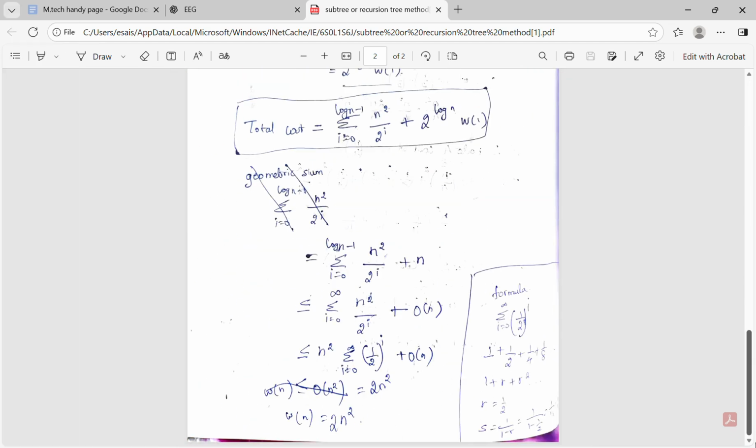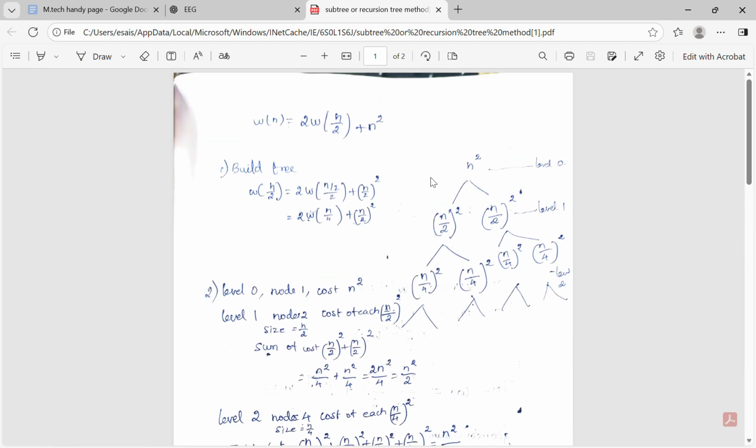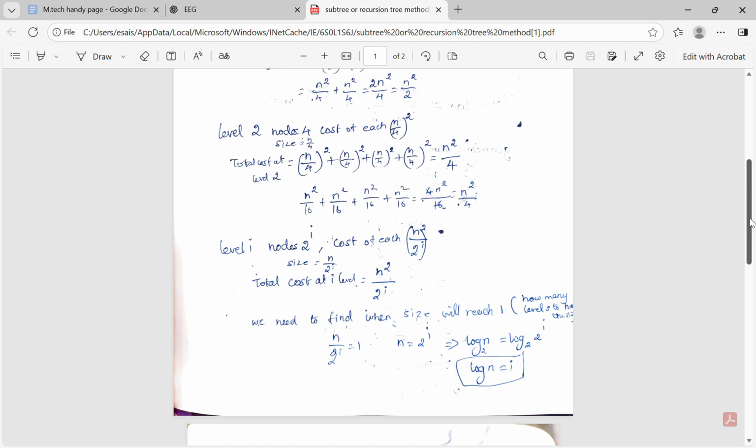The cost will be 2n square. So the first step is we need to build the tree, and at each level identify the cost and the size. Then identify when the size will reach 1.